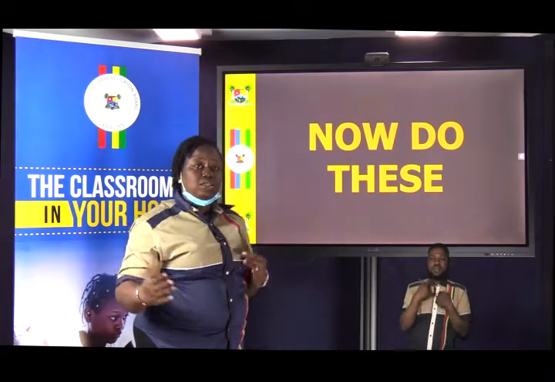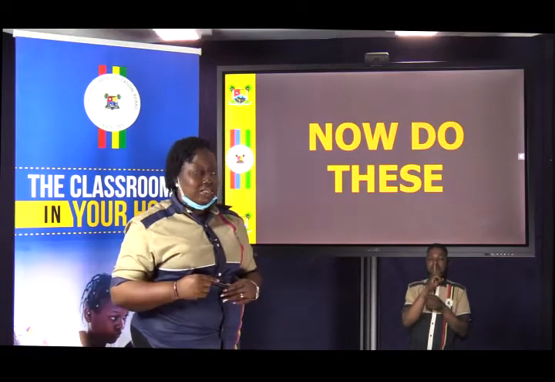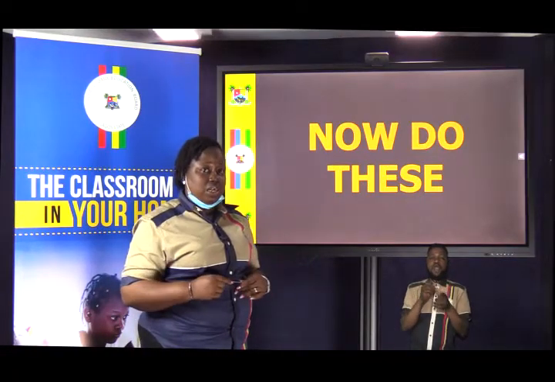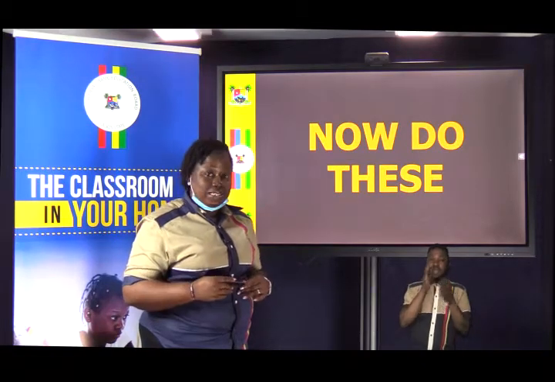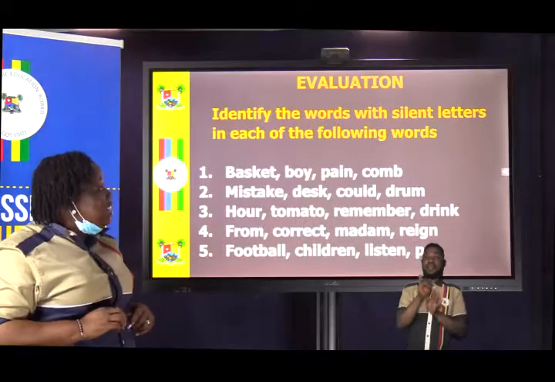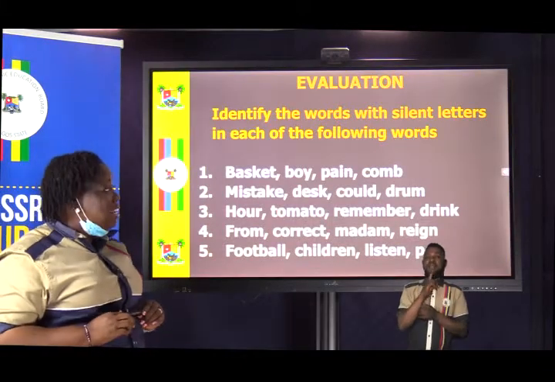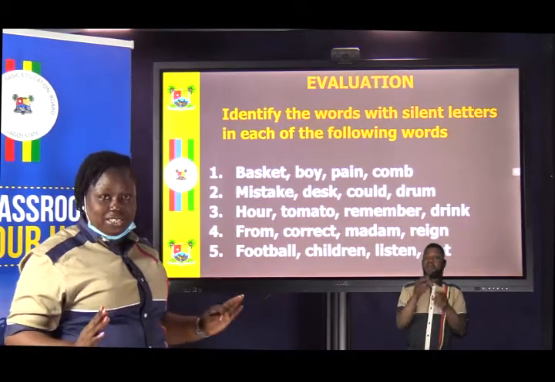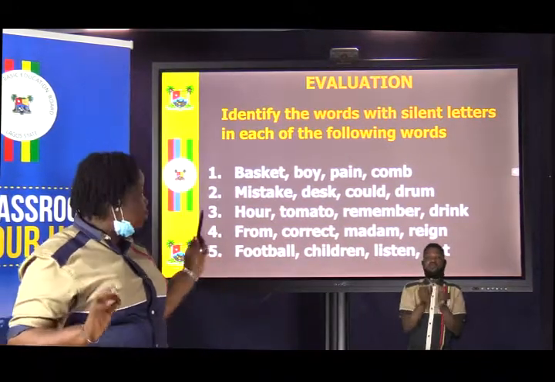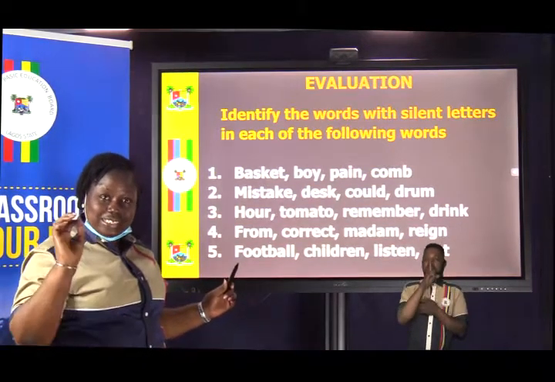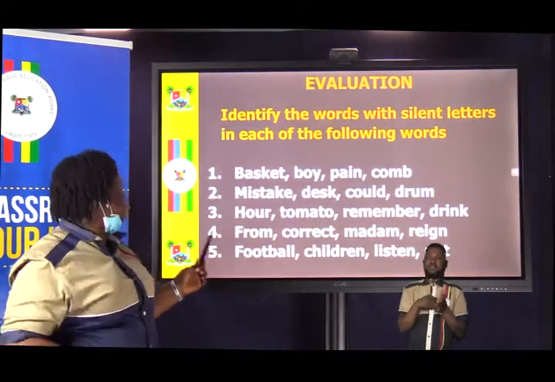Now it's time to see whether we've been attentive in the course of the lesson. You have to identify the word with a silent letter in each of the following. Just write the word that has the silent letter in it.